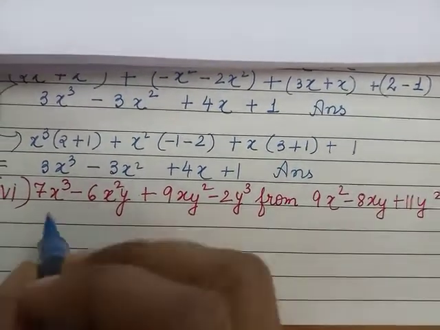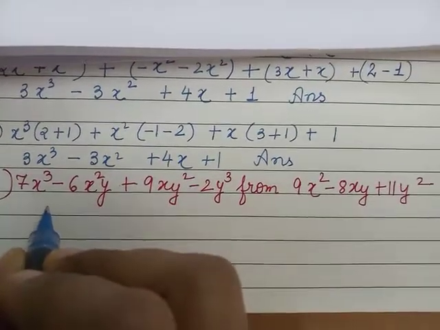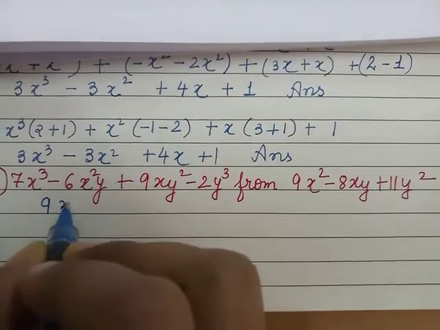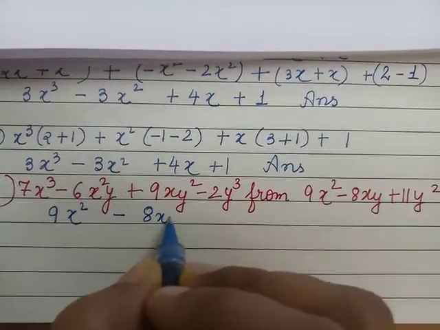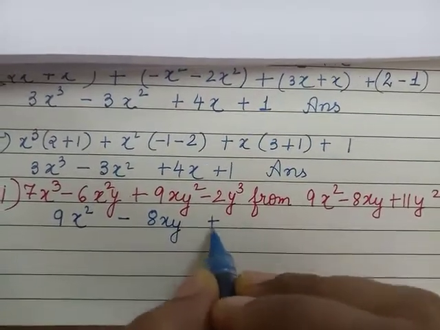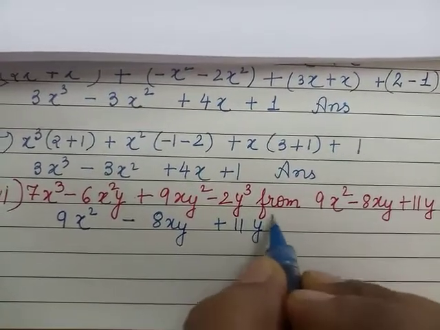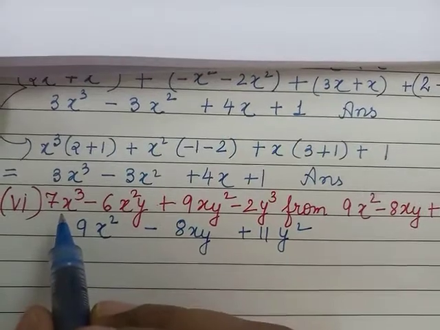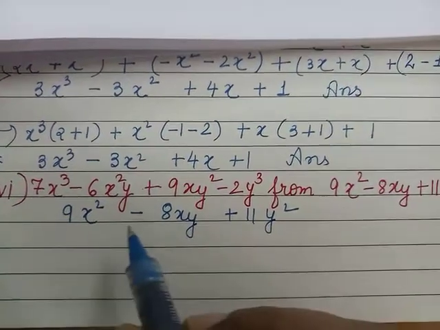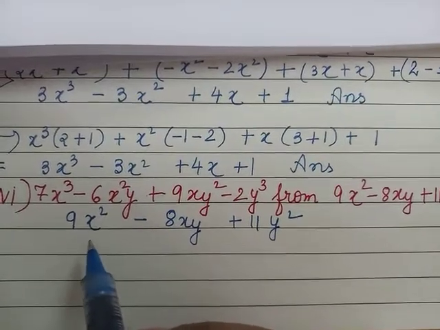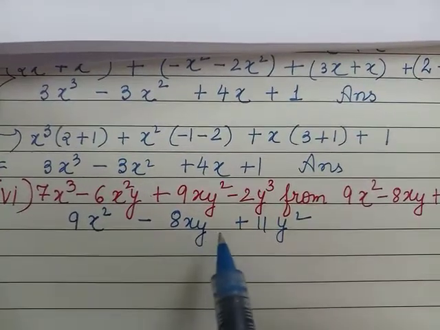So firstly we write this expression, whatever we have after the word from. That is 9x square minus 8xy plus 11y square. Now we write the subtract term, that is 7x cube. See, in this one we do not have any cube term.